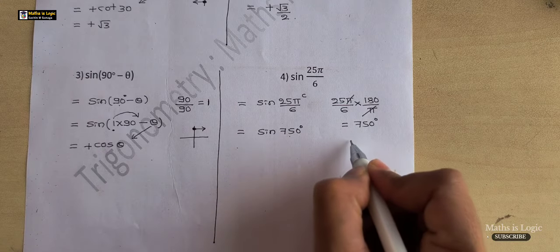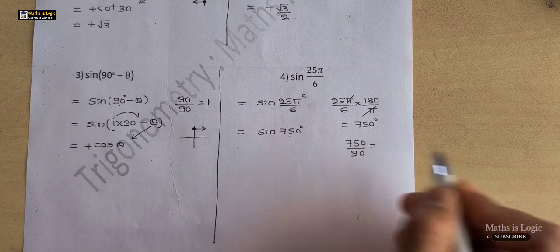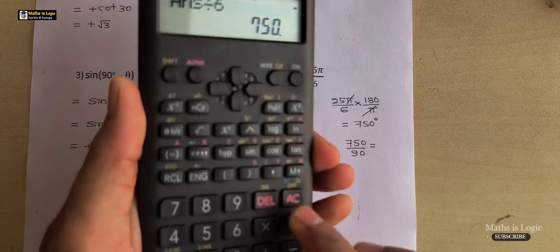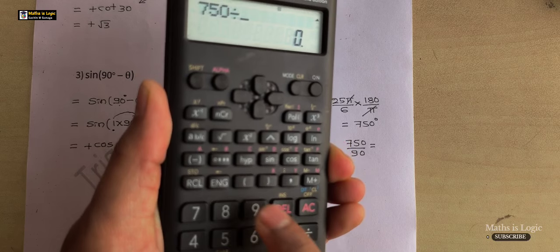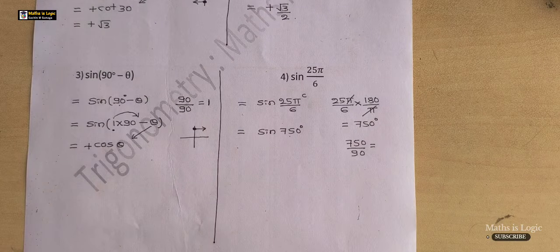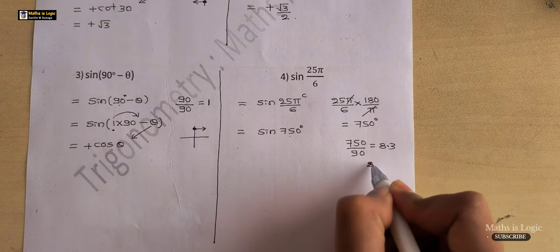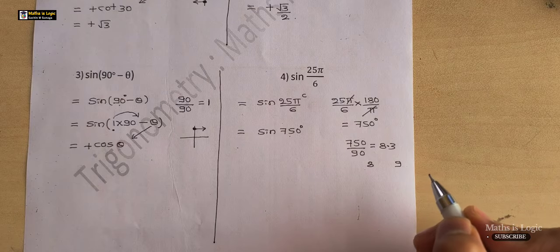Next, this is 750. Divide by 90. 750 divided by 90 is 8.33. That means 8.3 comes in between 8 and 9.